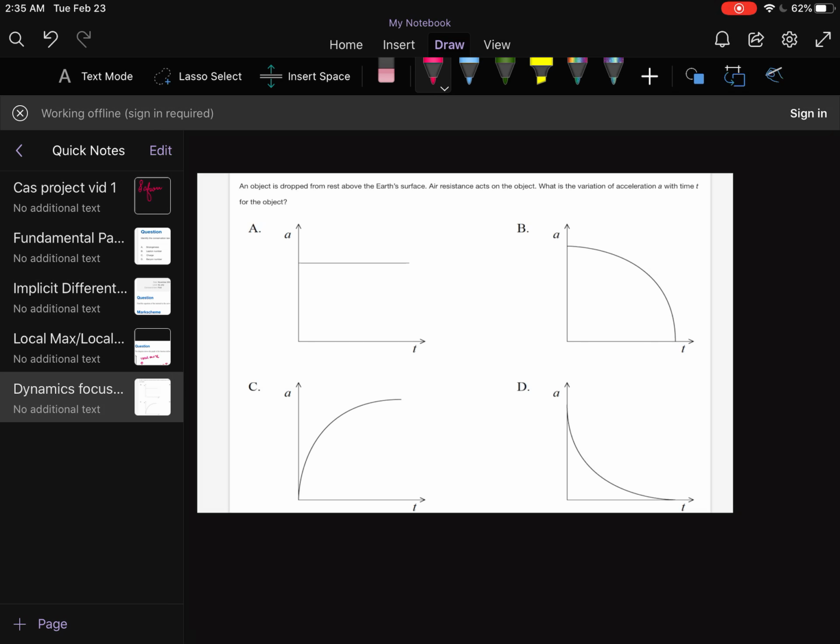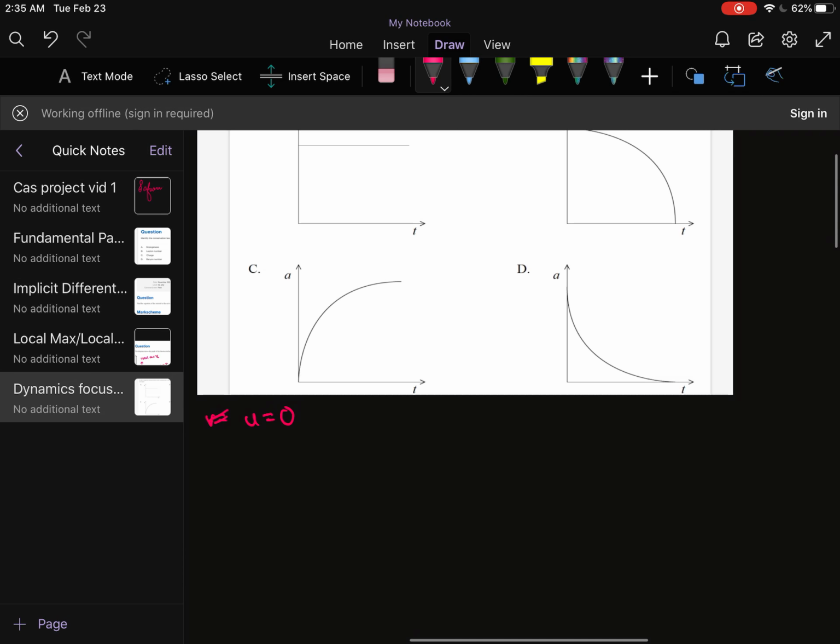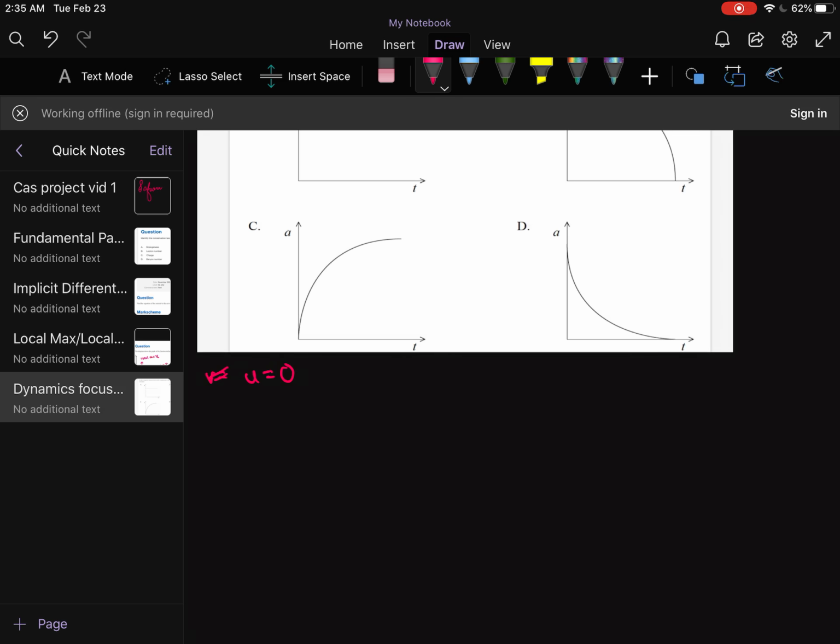So you have an object that's dropped from rest. So I'm going to say u is equal to 0. So it's dropped from rest above the Earth's surface. Air resistance acts on the object, and it's asking what is the variation of acceleration a with time t of the object. So the best way to think about this, first draw the vt graph.